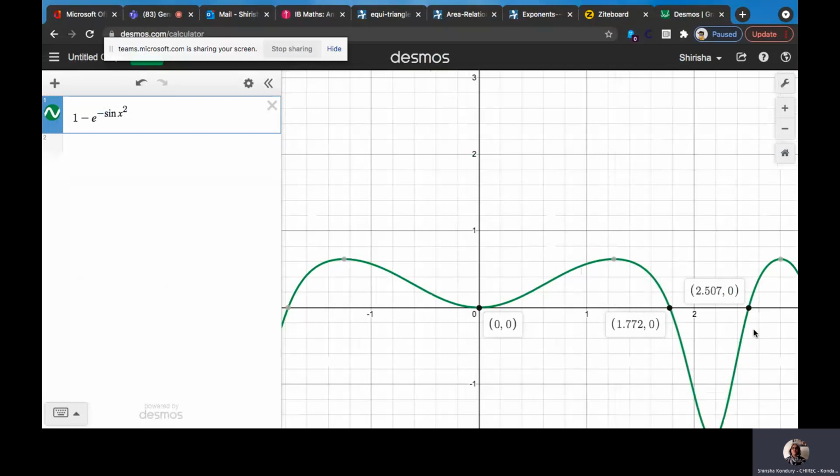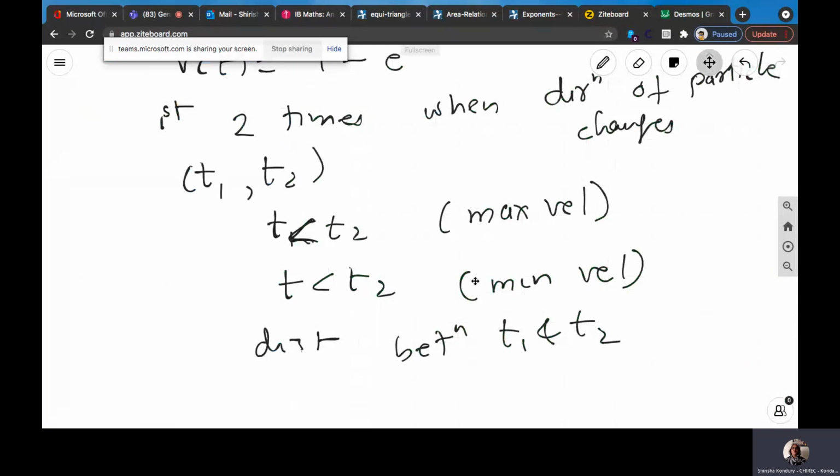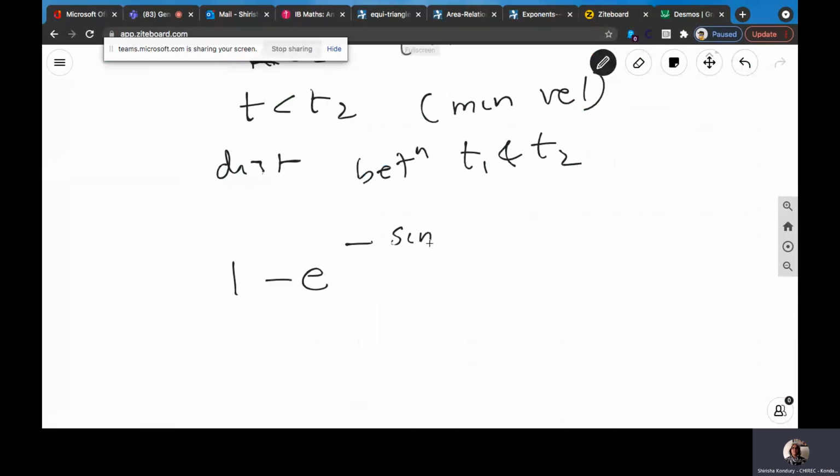The direction will change when the graph has x-intercepts. If I can find when this graph becomes 0, then on the right side of that point it will have to change sign. So let's think in that manner. If I had no calculator, 1 minus e raised to minus sine of x squared, when does this become 0?